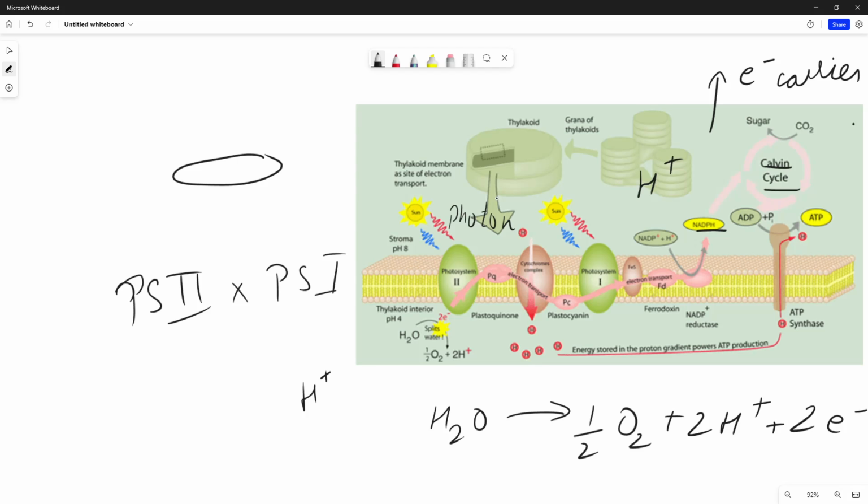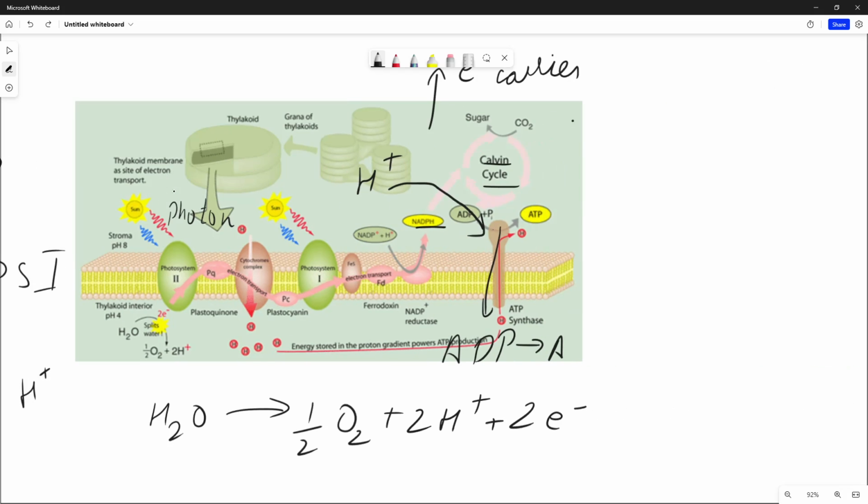Well, this is so that the hydrogen protons funnel down this enzyme called ATP synthase. So ADP, which is adenosine diphosphate, is turned into ATP, which we learned in the previous video, as you may or may not remember. So this gives us a net yield of 2 ATP.